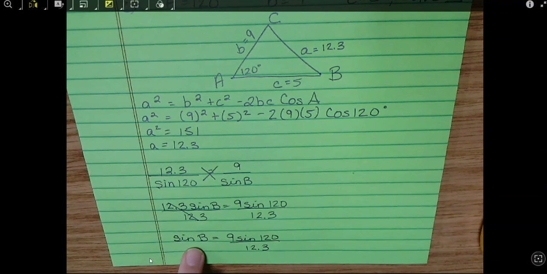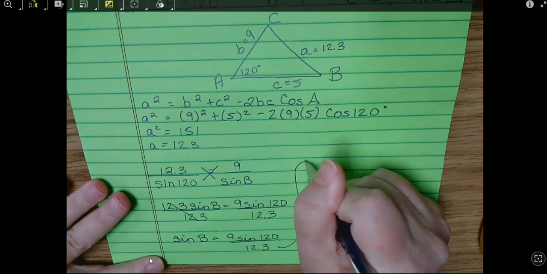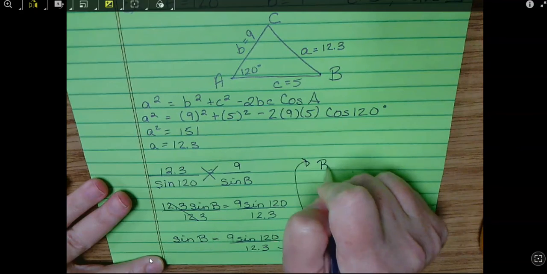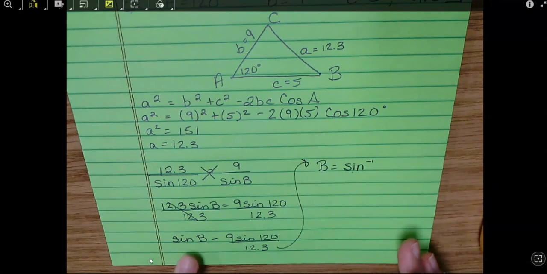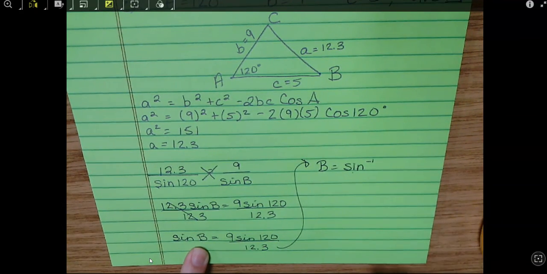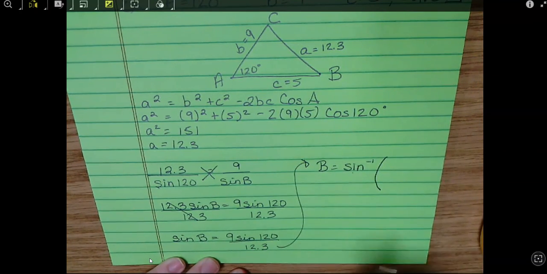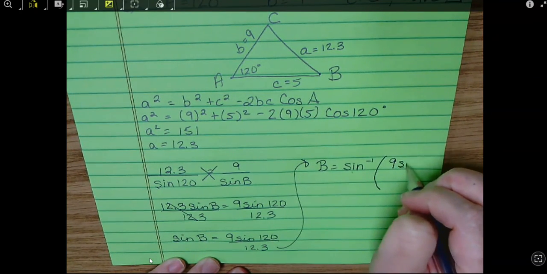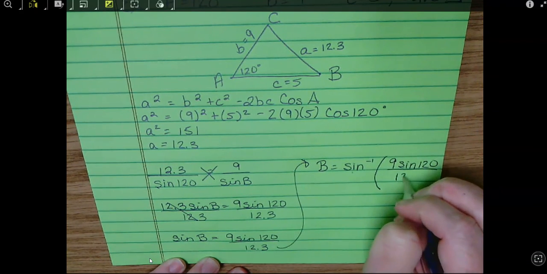In order to find B, I have to take the inverse of sine. So B equals the inverse sine of 9 sine of 120 over 12.3. That's the only way to separate the sine from the angle.